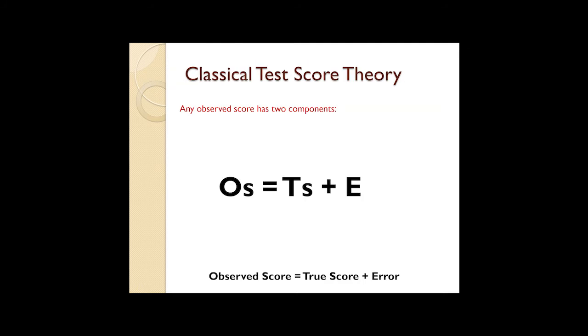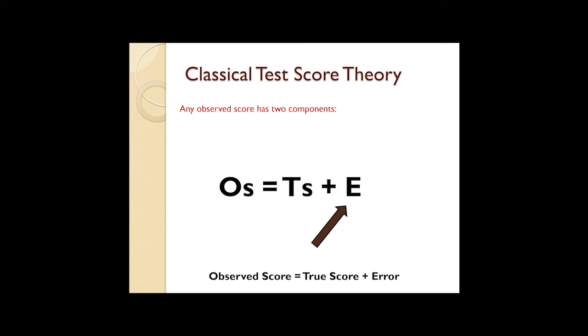We're going to use classical test score theory to further our understanding of the concept of aggregation. Now, we've already defined our score terms. We have our observed score, which is simply two things. It is our true score and error.